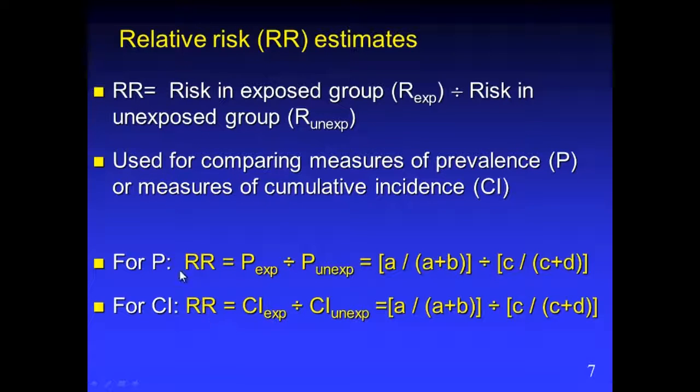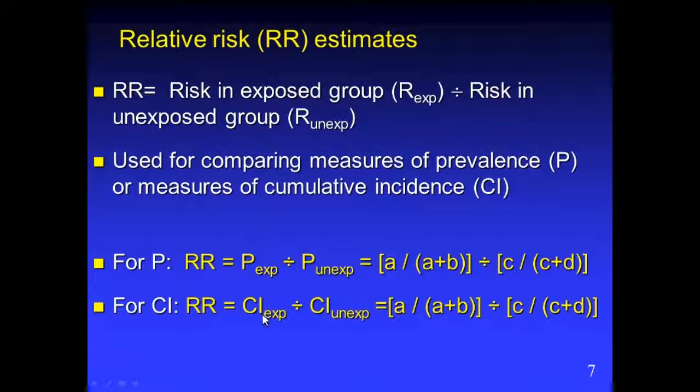So the prevalence ratio, and I'm just using the generic term here, relative risk, is the prevalence in the exposed group divided by the prevalence in the unexposed group. If you refer back to the 2x2 table, you'll be able to see exactly how this is calculated: A divided by A plus B, and then that is all divided by C plus D.